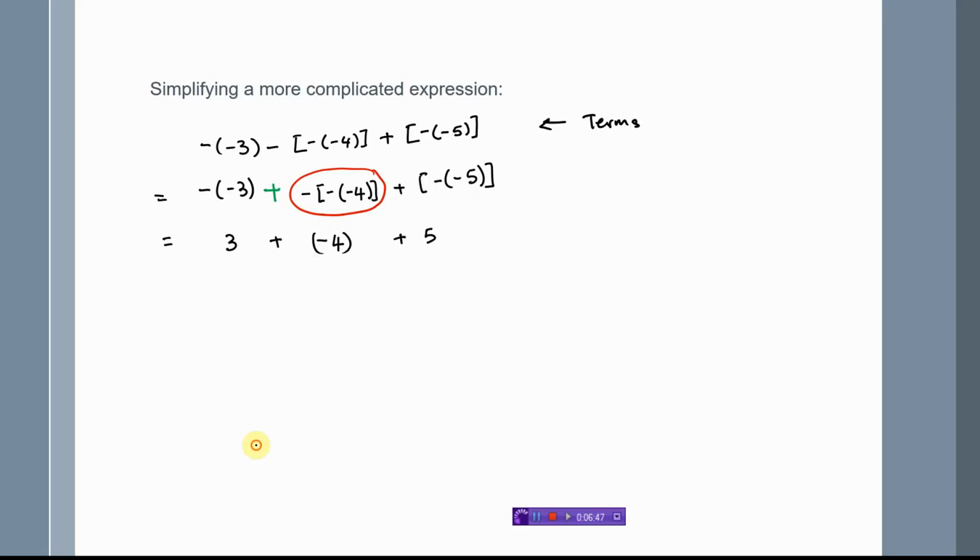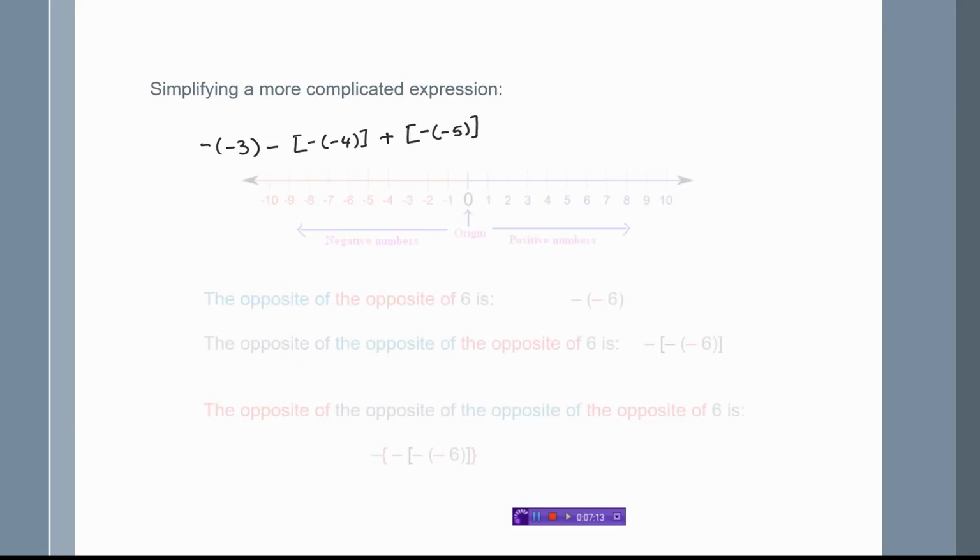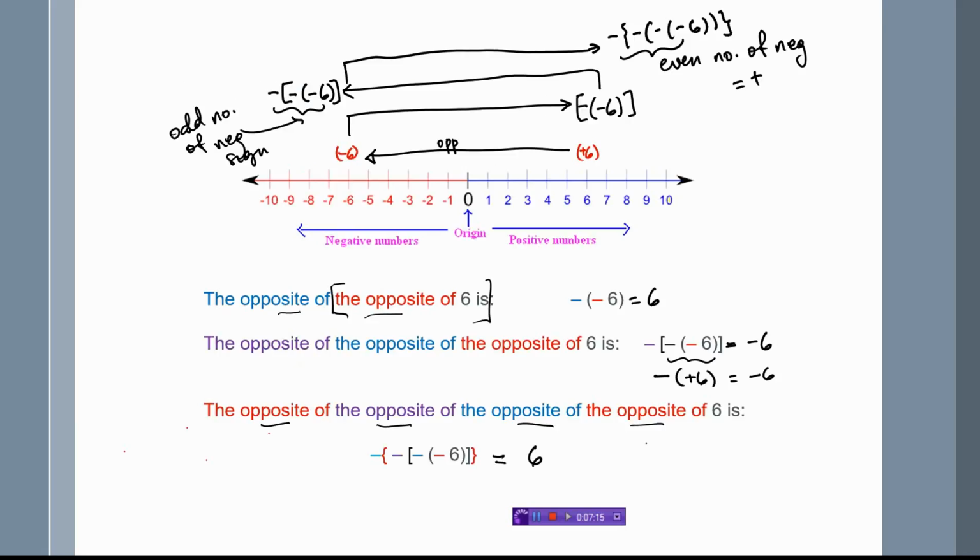I can use my sum of integers, whether you chose to write this as 3 minus 4 plus 5, and using my order of operations, working from left to right, negative 1 plus 5, and so we ended up with a total of 4.